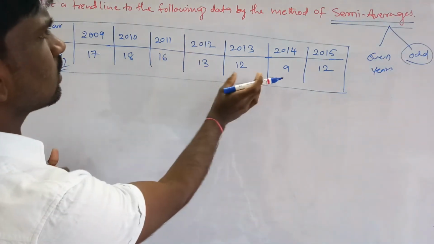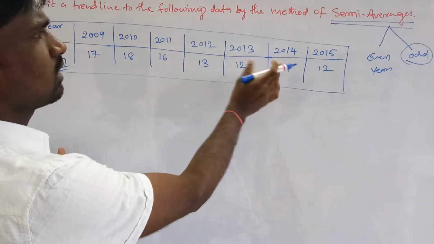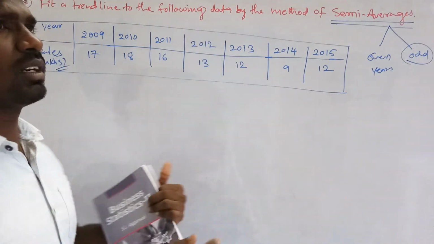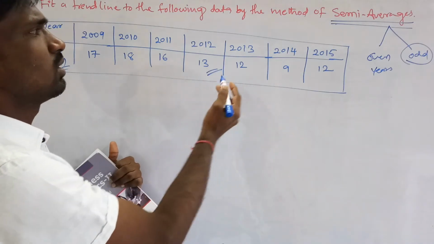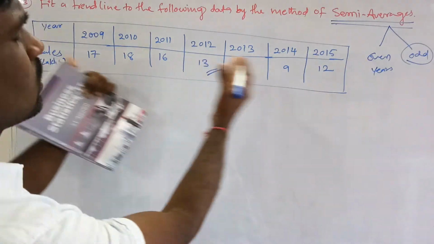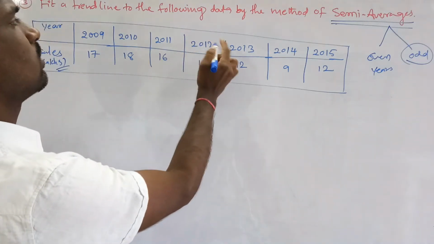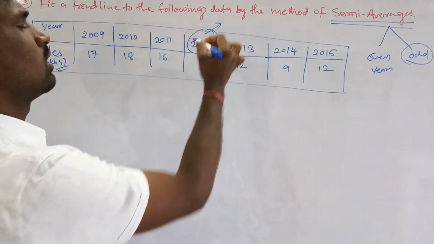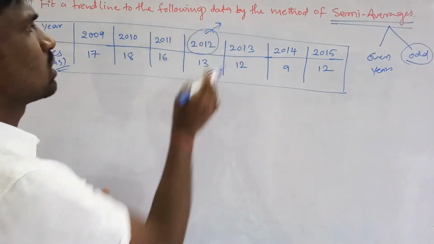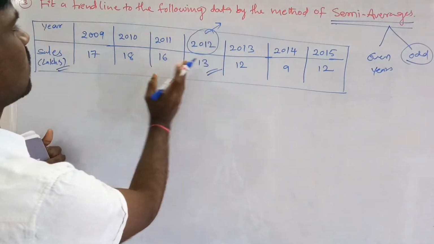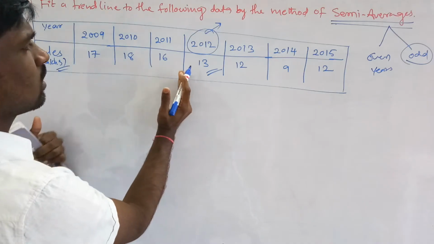Here, with the 7 years, we can divide the data into the first 3 years and last 3 years. Then we omit the middle year because we could not divide the data into two equal parts. So that is why we omit this fourth year's data, that is the 2012 data, which is the mid year. Then we can divide the remaining 3 years and 3 years and take their averages.